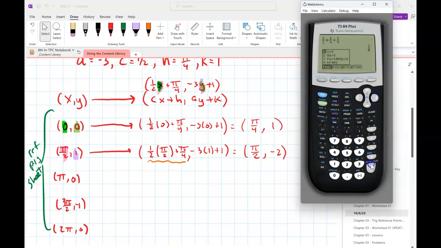Why can't we use pi? Because the calculator can't put an irrational number into a fraction, because by definition pi can't be written as a fraction. So the calculator is going to really struggle with that piece. But if you just take the pi out and then put it back as pi over 2 when you're done, everything is fine. And the calculator is happy, and you're happy because you didn't have to add the fractions.